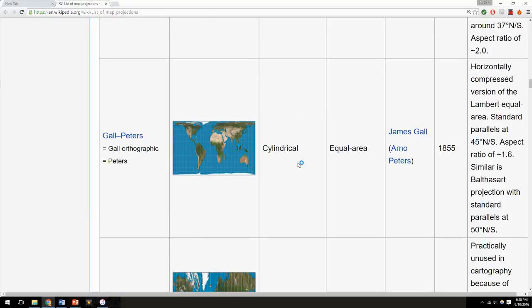Okay, so the Gall-Peters map from 1855 from James Gall and Arno Peters. Look at Africa. Now, here's the thing. People know what the shapes are of the continents. We know where the coast is. We know all this different stuff because we can see from space. That's not the issue.